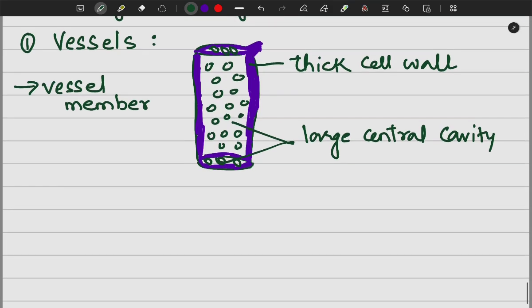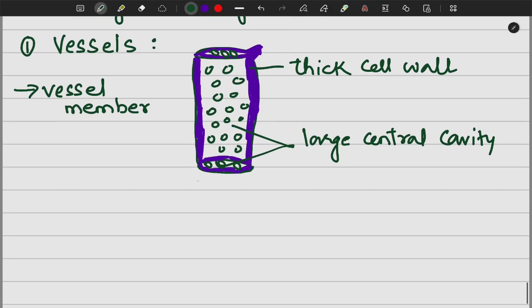Alright, so if I draw one more vessel connected to this, the other vessel will be present here, like this.